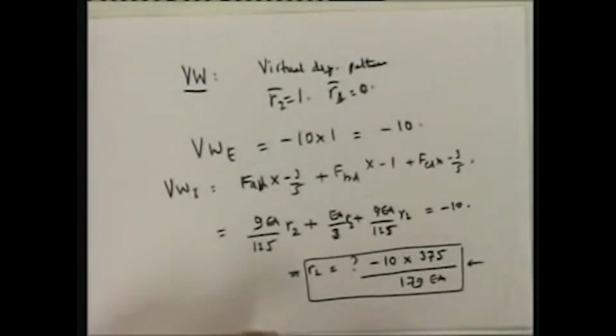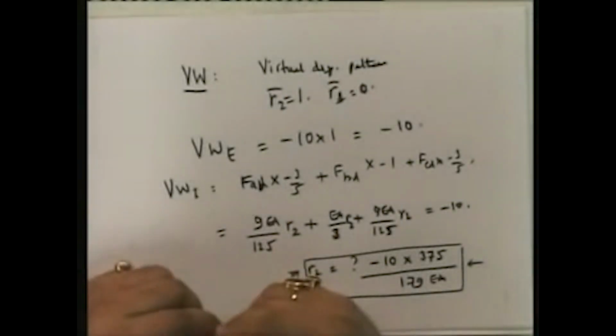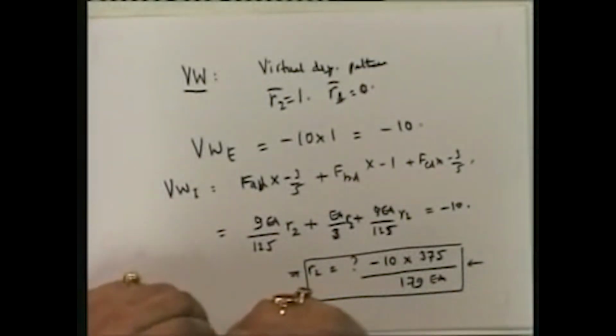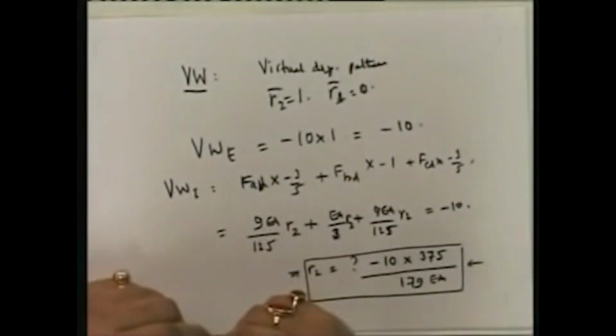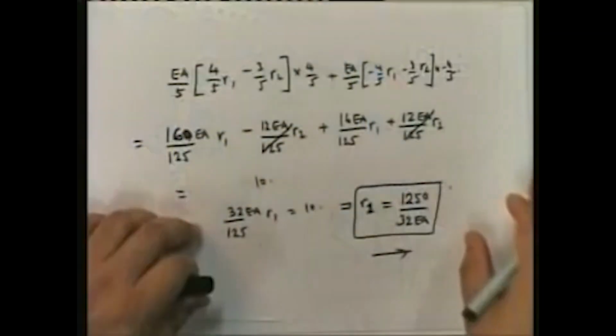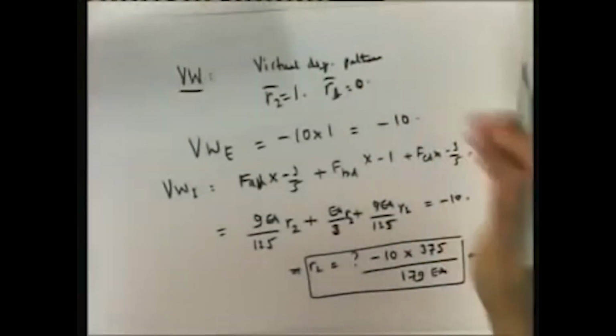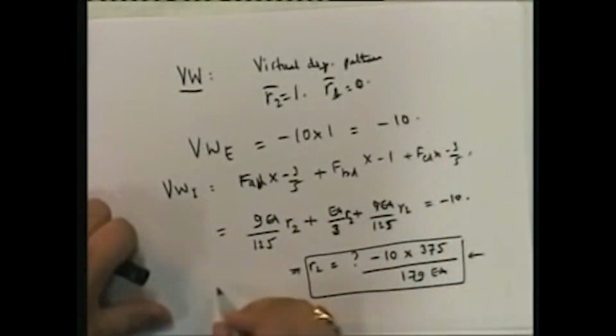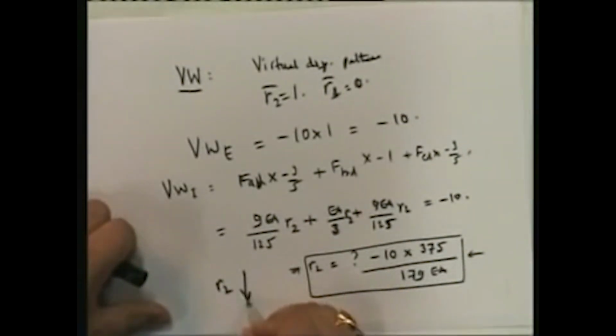Now R2 is negative. Why? Well, because R2 is taken to be positive upwards. And so all that means is R1 is positive, it is to the right. And R2 is negative, which essentially means that R2 is downwards.